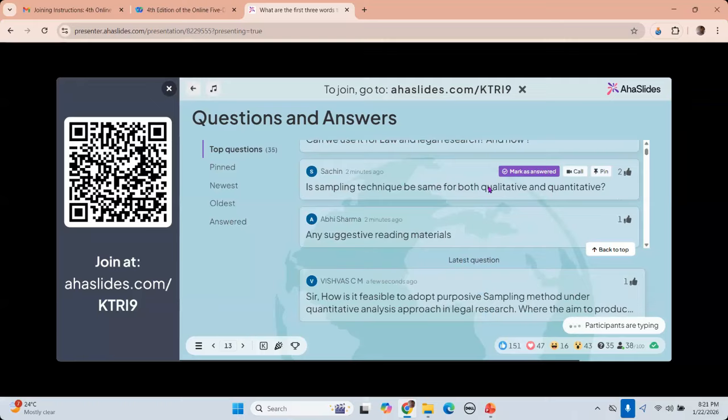In that case, we have purposive sampling, snowball sampling, quota sampling, convenience sampling. So both are completely different. For qualitative, we have non-probability; for quantitative, we have probability sampling techniques.